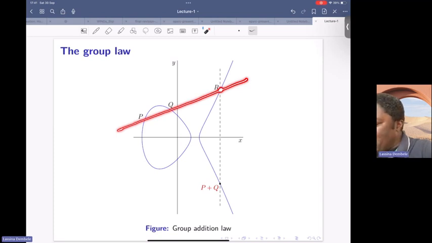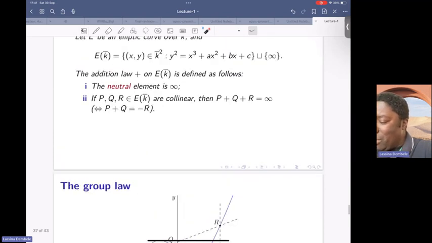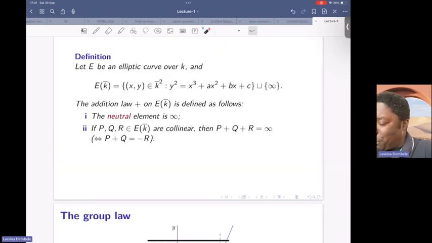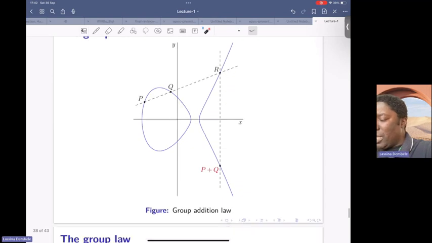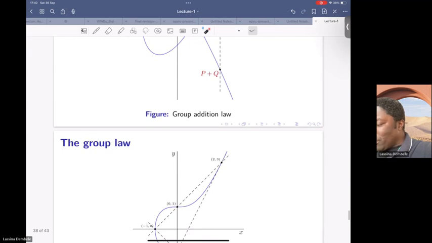And then I take the reflection of that point with respect to the x-axis, and what I get is the sum P plus Q. So that's basically the content of this definition for our group structure. That's the visualization of this addition.